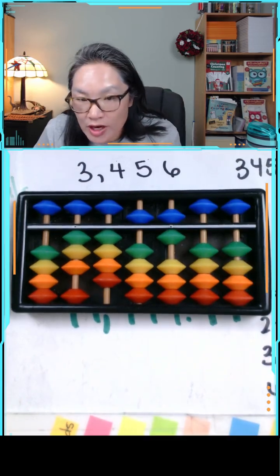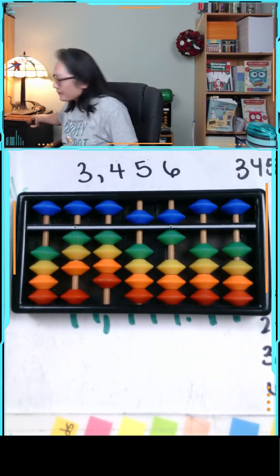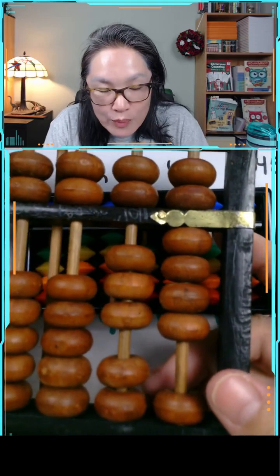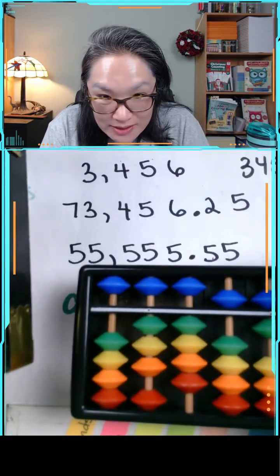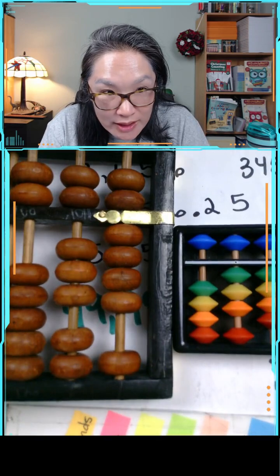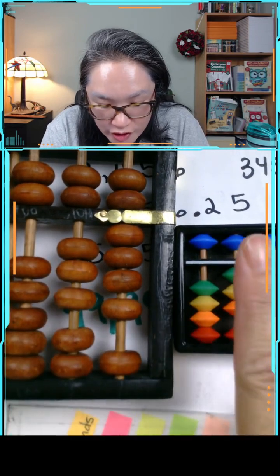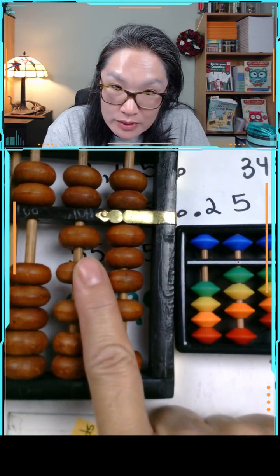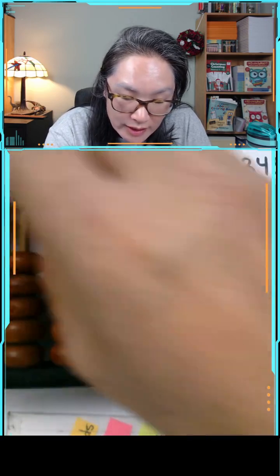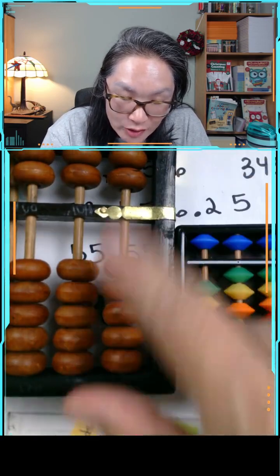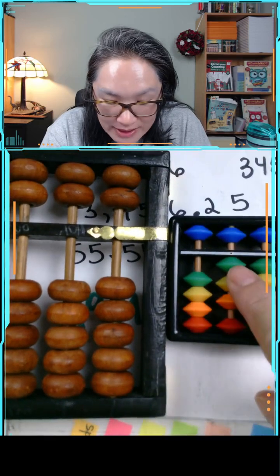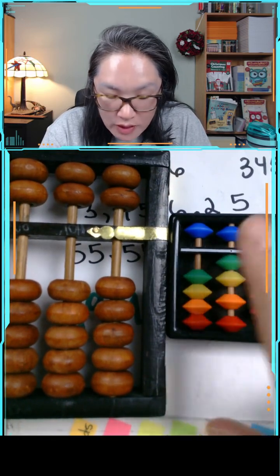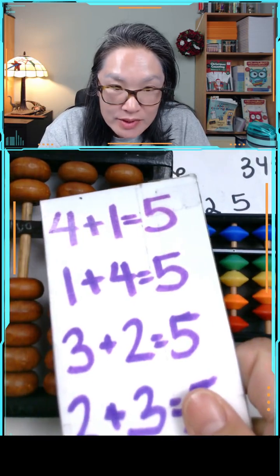Then there is the Chinese abacus. So the Chinese abacus has been around before the Japanese abacus. But the Chinese abacus did counting up. So when they do their adding, they're counting up. Whereas with the soroban, we're using concepts.